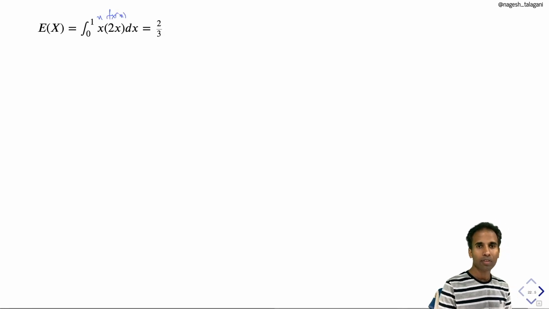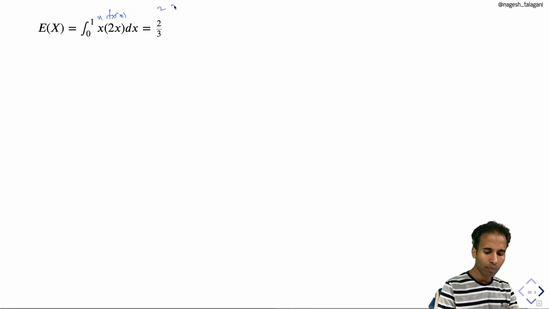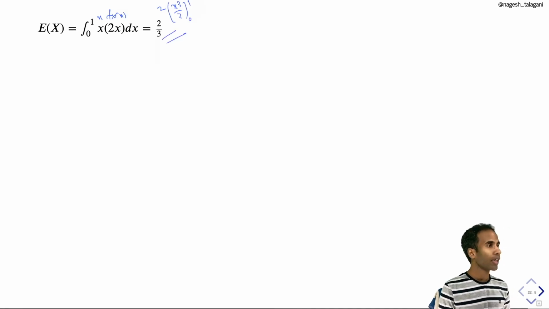Okay, here support of x is interval 0 to 1, so we are integrating x times 2x from 0 to 1 with respect to x. So it's going to be 2 times x cubed by 3, 0 to 1, so it's going to be 2 by 3. Okay, similarly let's find out expectation x square. So if you perform this integral, you will end up with 1 by 2.